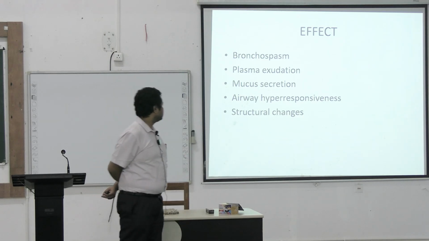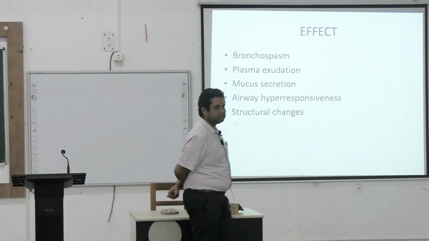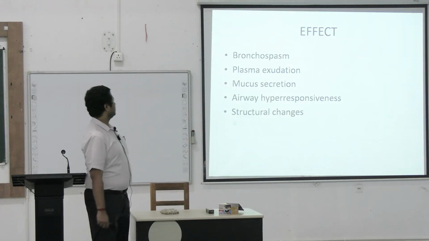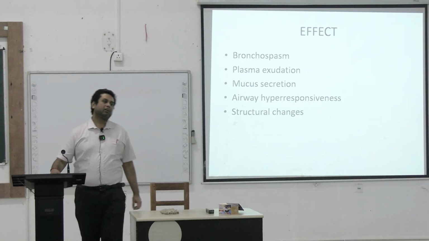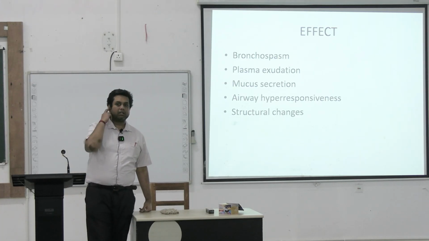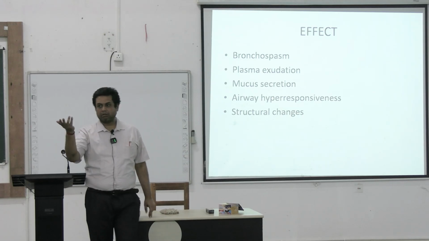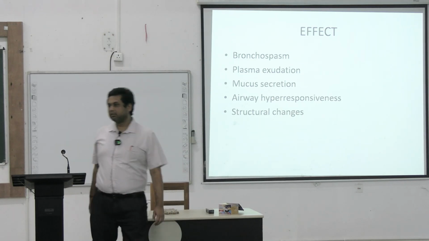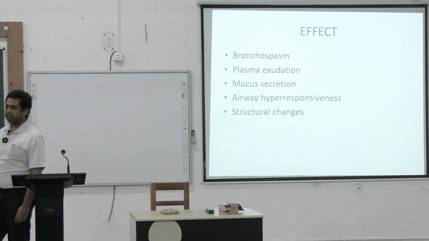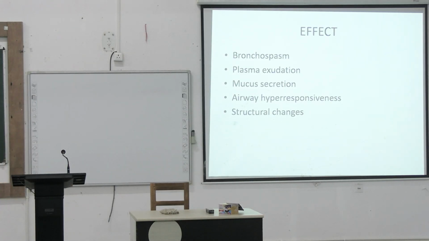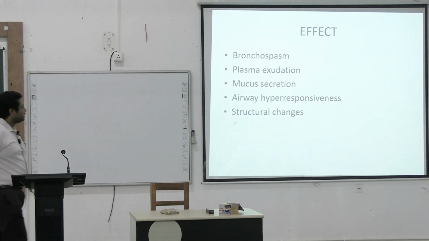Then plasma exudation. What is exudate? Mucus secretion. Mucus is secreted from which cell? Goblet cell. So there is excess mucus secretion leading to mucus plug.